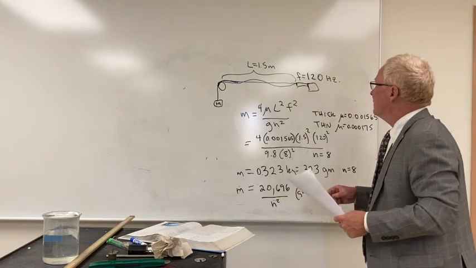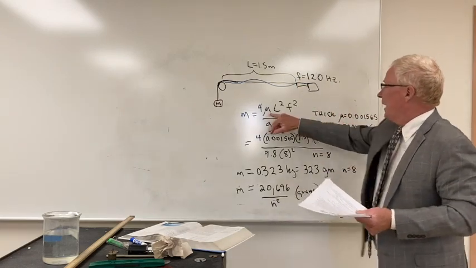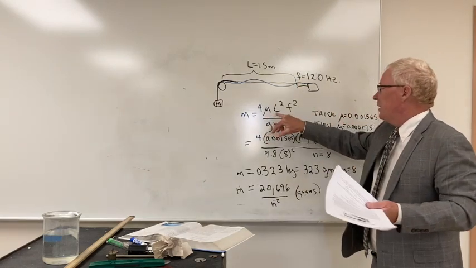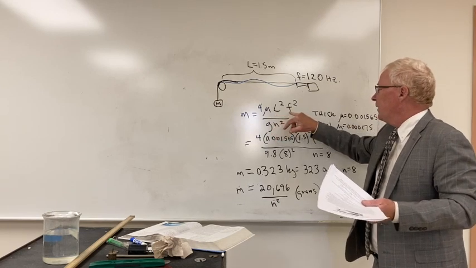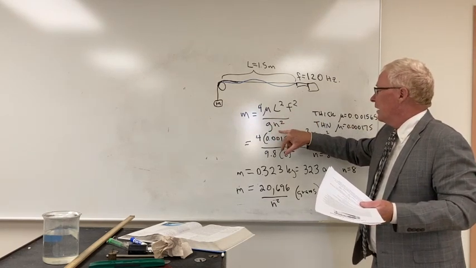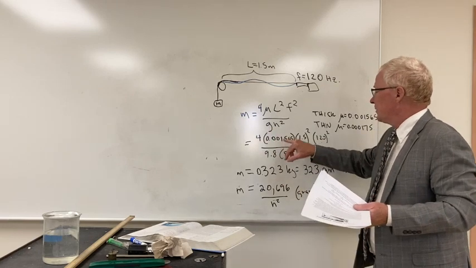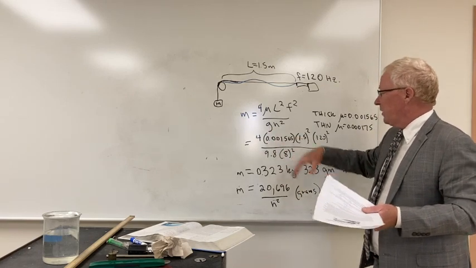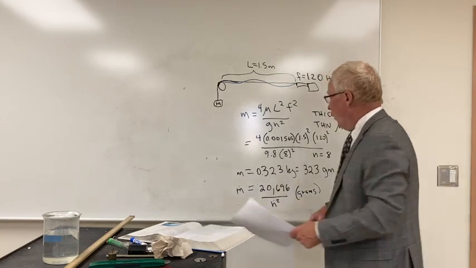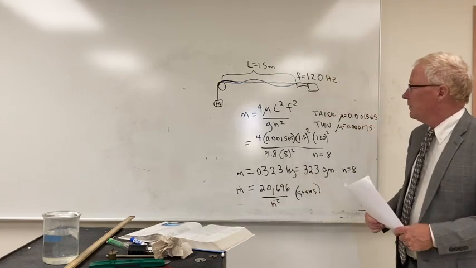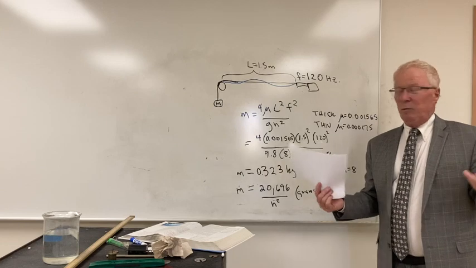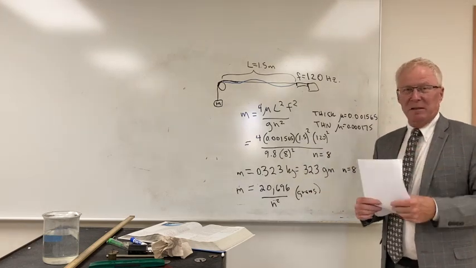It depends on the mass per unit length of the string, the length of the string that's vibrating, the frequency, g, the acceleration of gravity, which is 9.8 meters per second squared, and then it'll generate different modes, depending on how much mass we have there, the right mass.